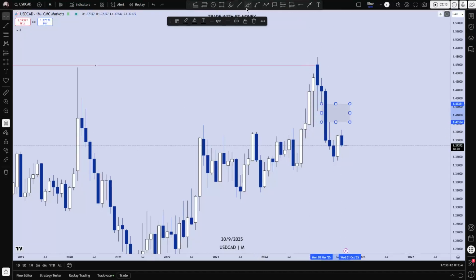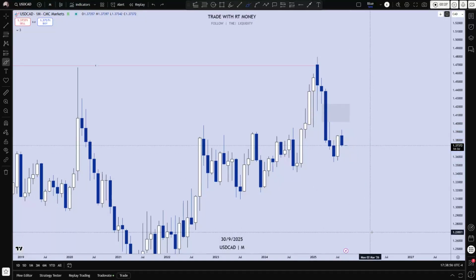What price likes to do is revisit those fair value gaps, rebalance them by offering fair value and then continue lower. It uses these fair value gaps to go lower. In this case, it's a bearish one, so it's probably going to use it to go lower.